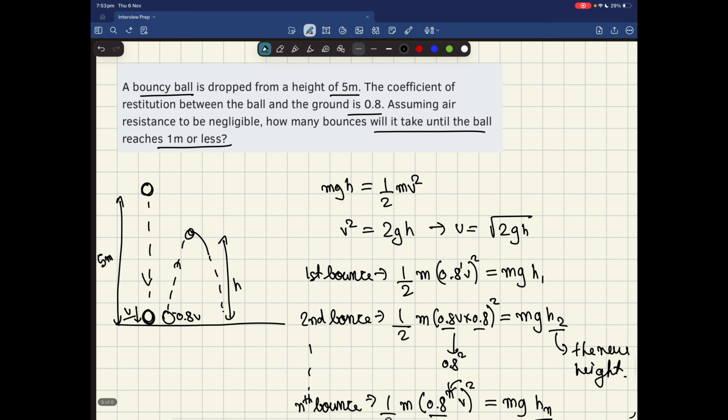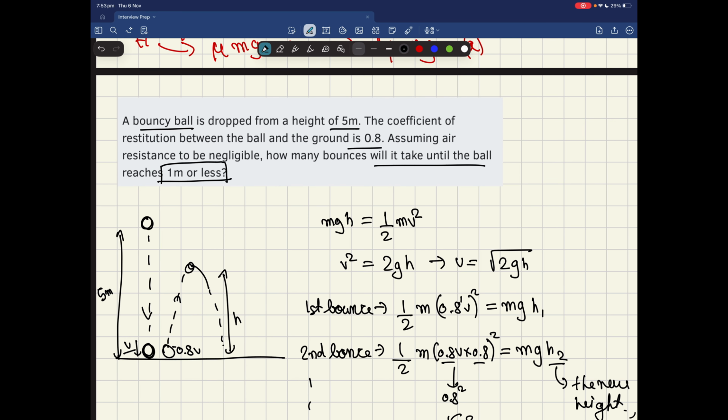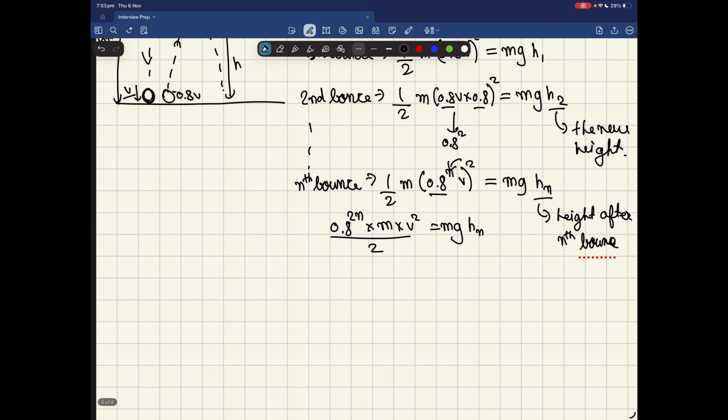We want hn to be 1 meter or less, so we can sub in hn as 1, and we can also cancel out the m's on both sides. So this will give us 0.8 to the 2n times v squared divided by 2 equals g times 1. Now we can get n on its own, so 0.8 to the 2n equals 2g over v squared.